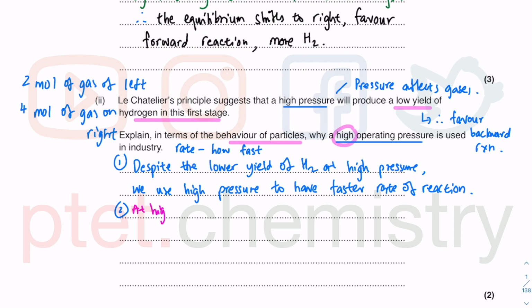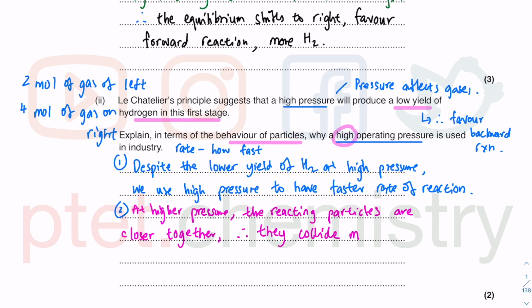So at higher pressure, your gaseous reacting particles are actually made to be closer together. They are compressed, they are squeezed closer together. And when they are closer together, what can you comment about their collision frequency? Therefore, they will collide more frequently.